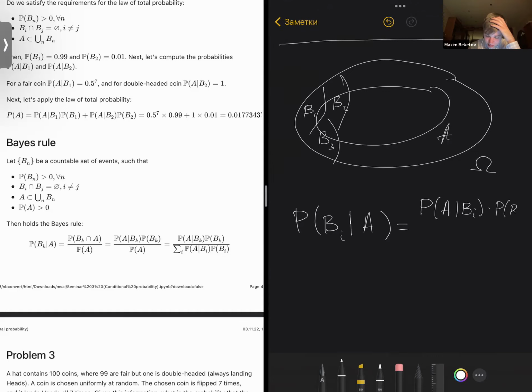So you have P of Bi, and in the denominator you have P of A. And for that one, you use the law of total probability, which says that to find this P of A, it equals the sum over, this time let it be j, of P of A given Bj times P of Bj.